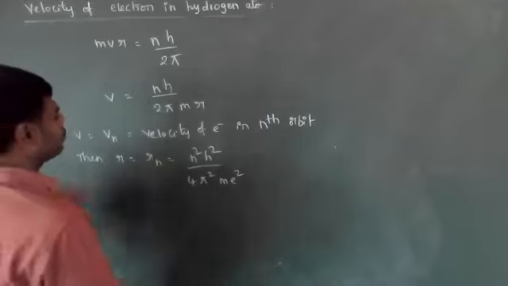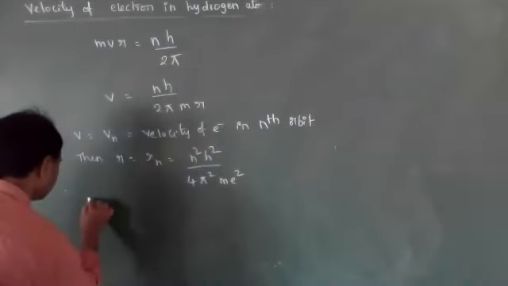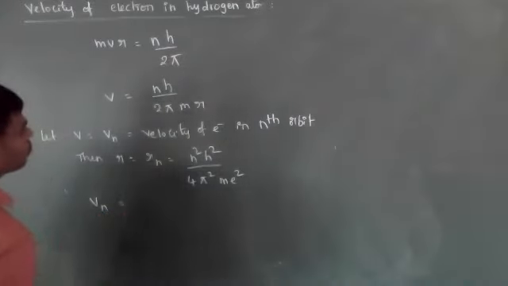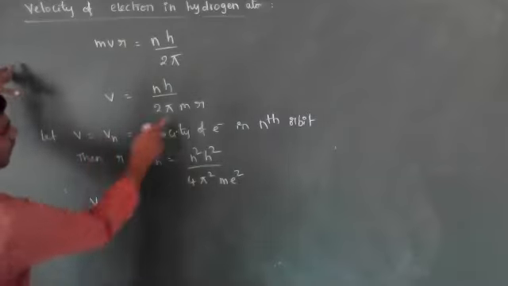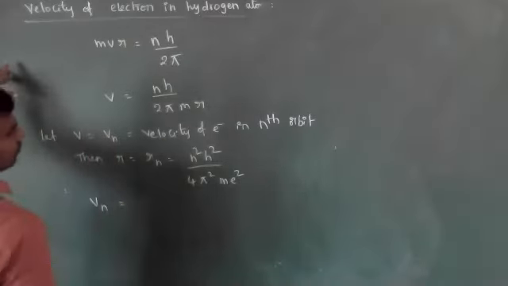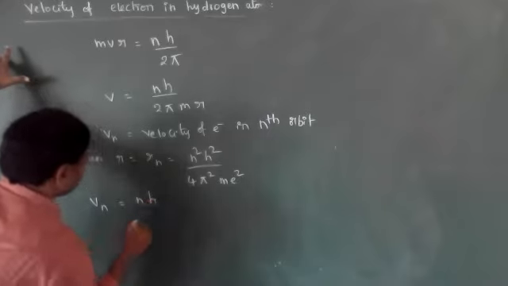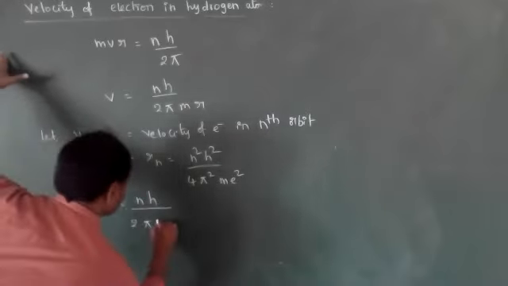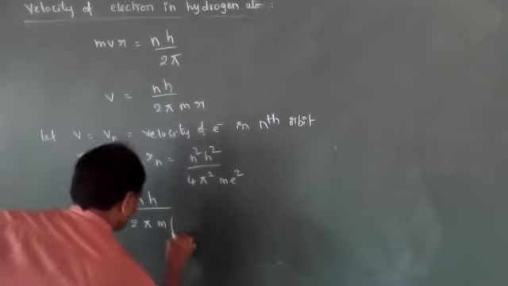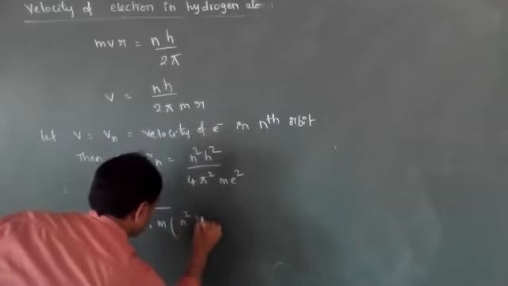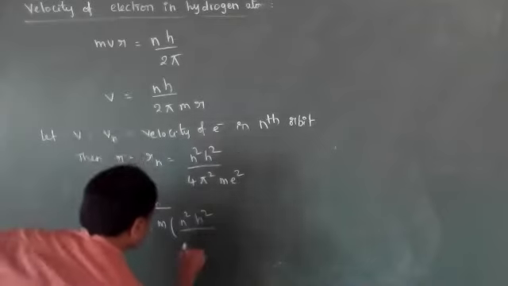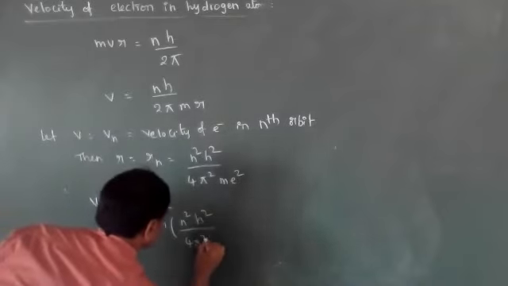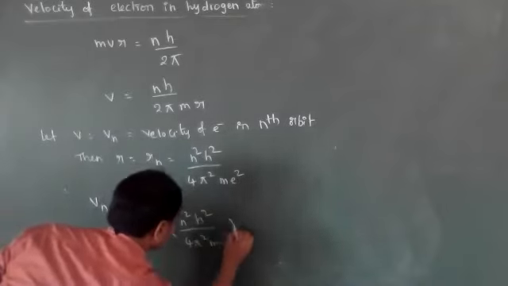Just this value here we need to substitute. Then in Vn, in place of R, the Rn value we need to substitute: nh by 2 pi m into n square h square by 4 pi square m e square.